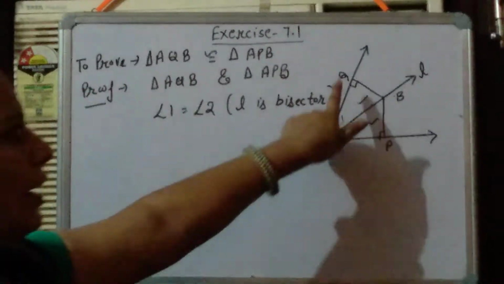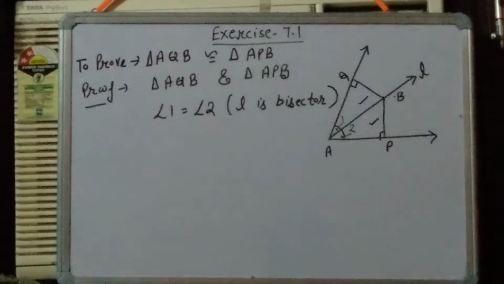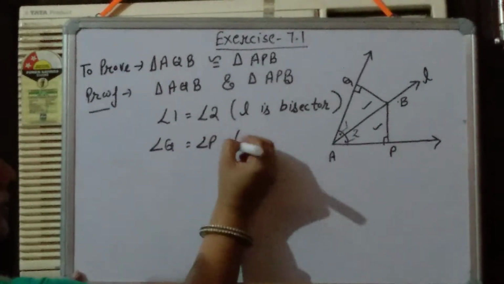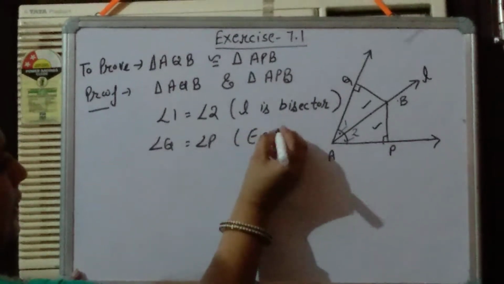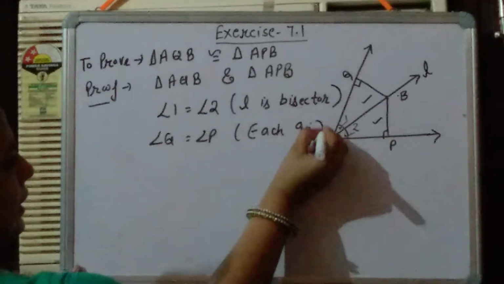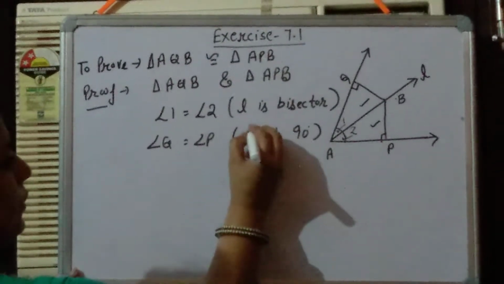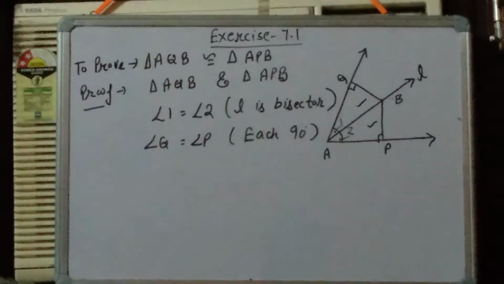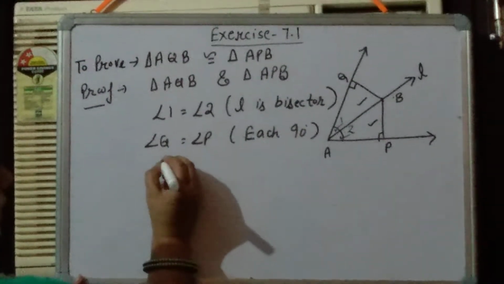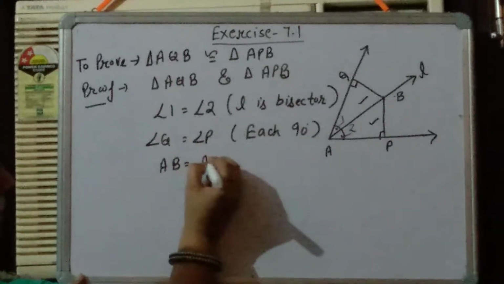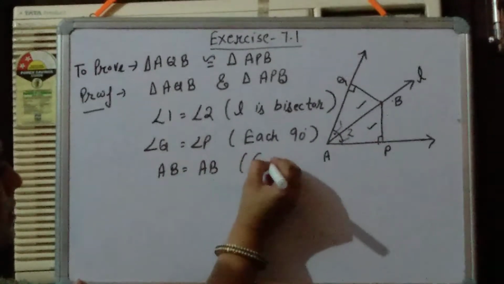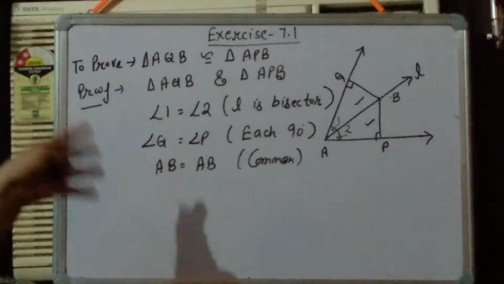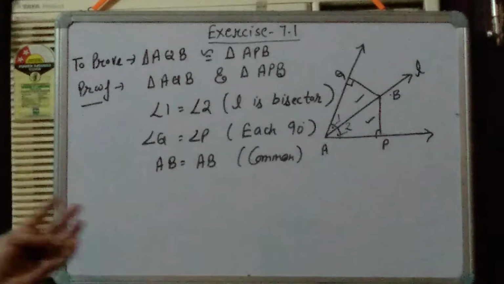Next, angle Q is equal to angle P. Reason, each 90-degree. Each angle is equal to 90 degrees. Third is line AB is common to both of the triangles. Reason is common. Now you will check which rule to be followed here.